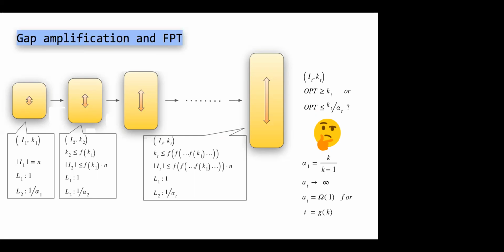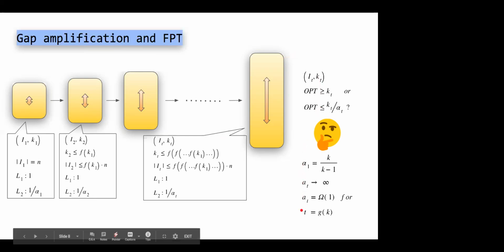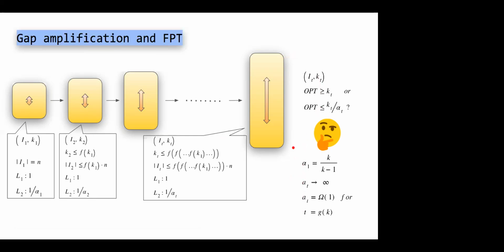And if we can guarantee that this alpha, this gap, grows to infinity, then for any constant, we can find some t which is a function of k, which gives us a sufficient number of iterations. So such a scheme allows us to rule out any constant factor FPT approximation as long as the initial problem is W[1]-hard.